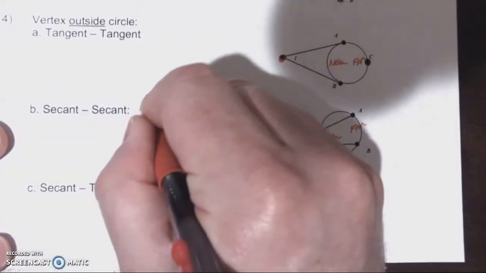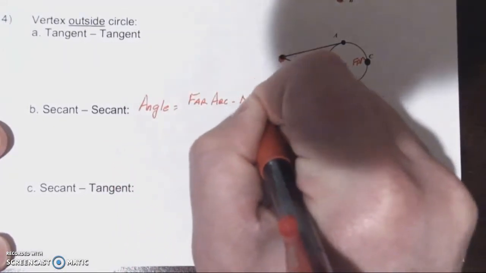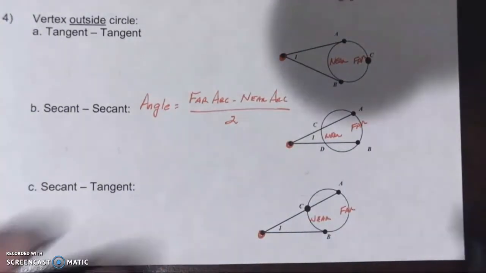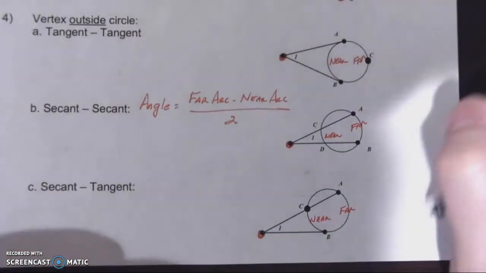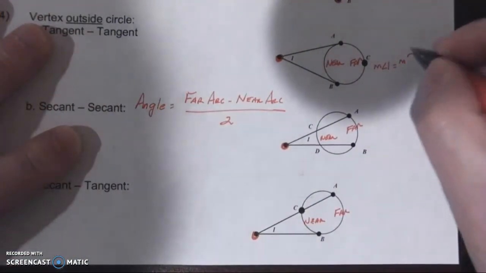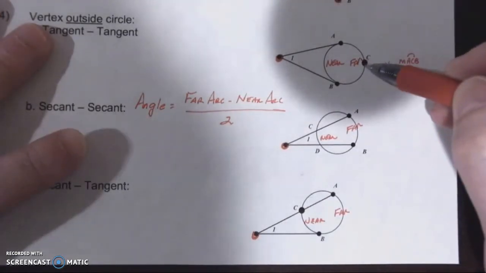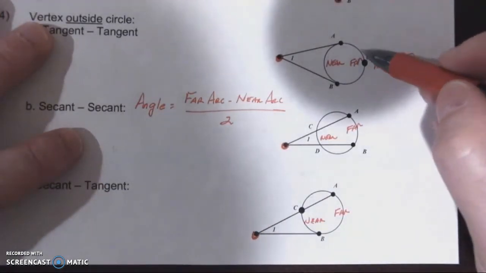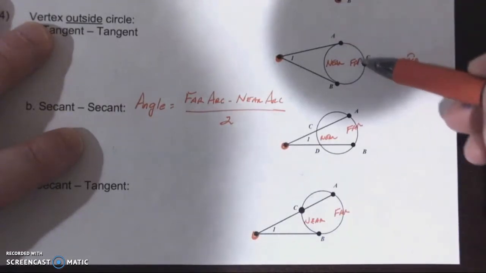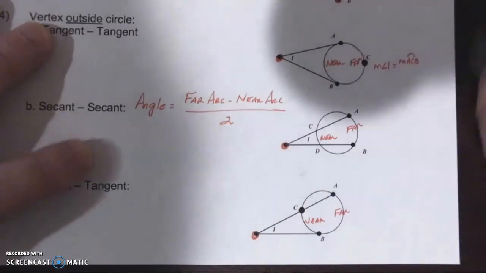The measure of the angle would equal the far arc minus the near arc divided by 2. So in all three of these cases, well, there's different arcs here. Measure of angle 1 would be the measure of arc ACB. Remember, that's the far arc. Remember, we use 3 points to name a major arc, anything greater than 180 degrees. And remember, we would have to differentiate this arc, ACB, from this smaller arc, AB. Can't call them both AB. It wouldn't make sense.